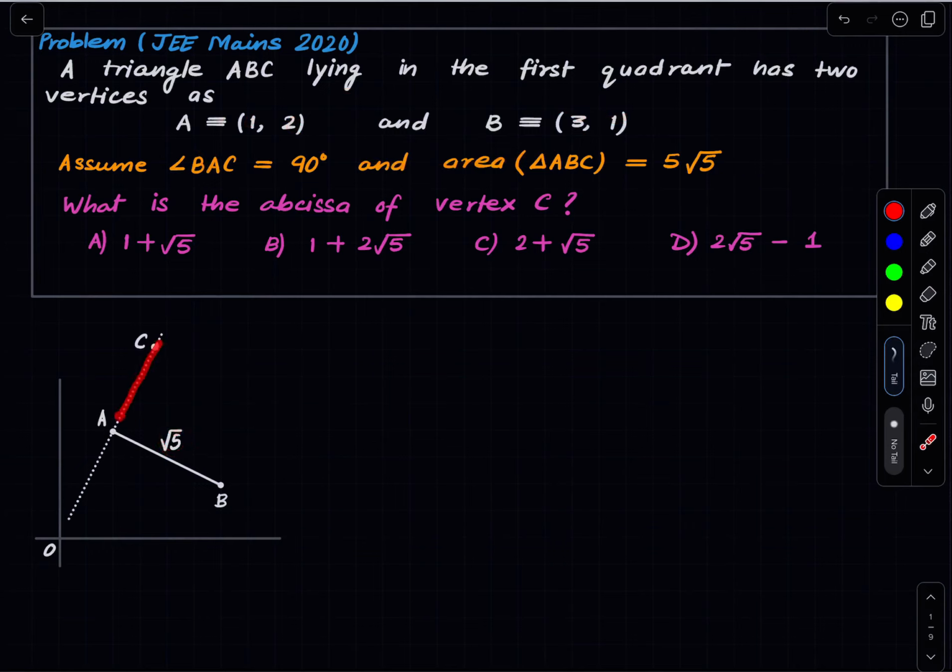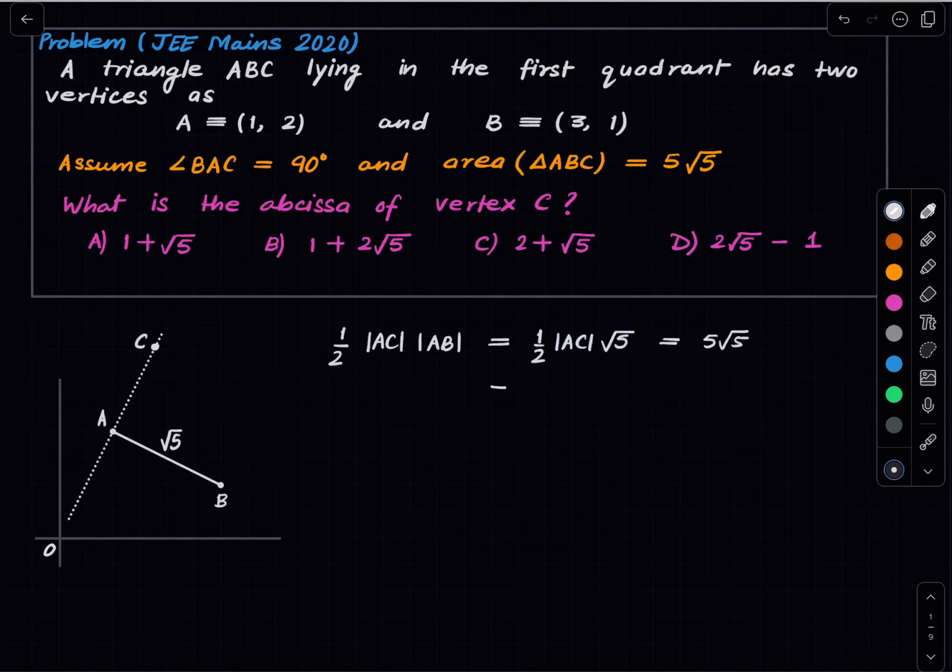And now what is the length of AC? Well, this is 90 degrees, so half times the length of AC times the length of AB is the area of the triangle ABC. And therefore, we have that, and that implies that the length of AC is 10 units.